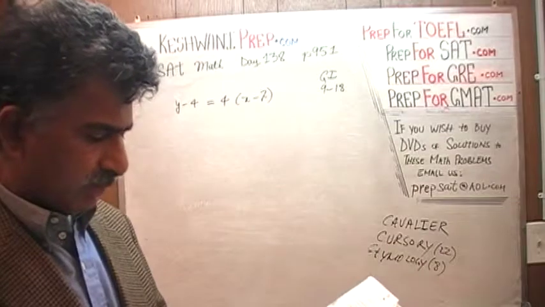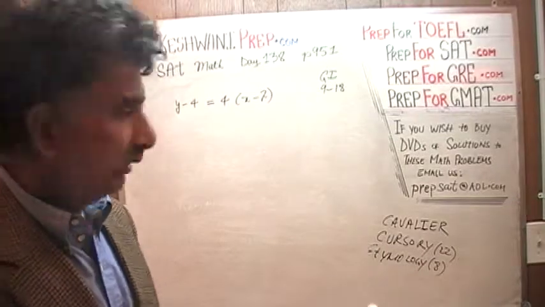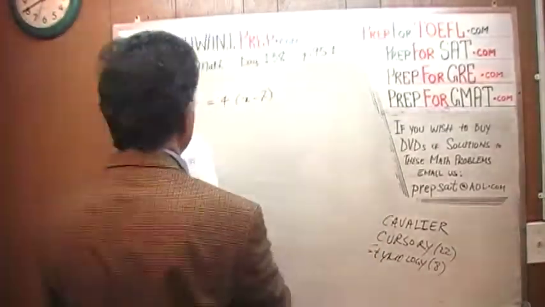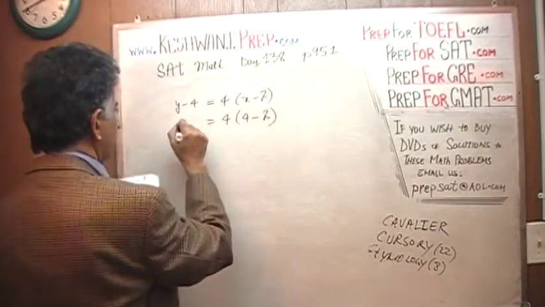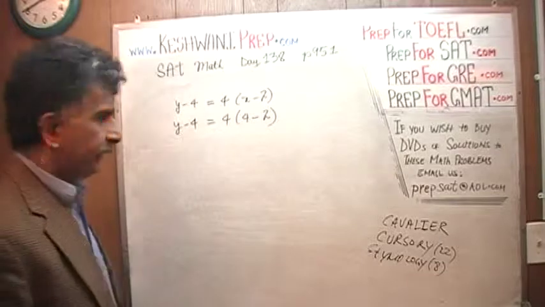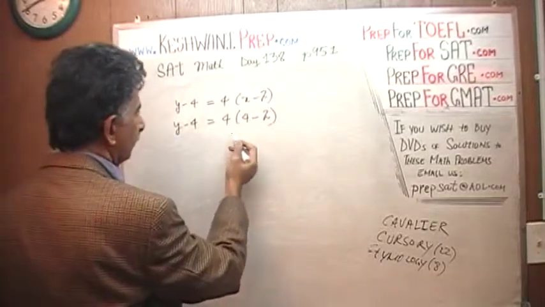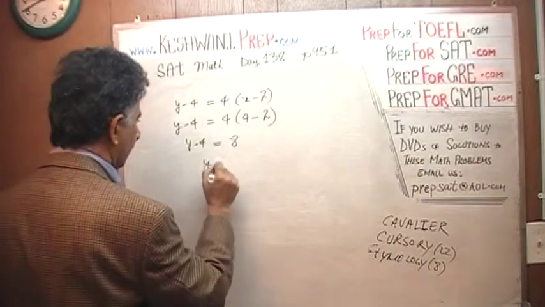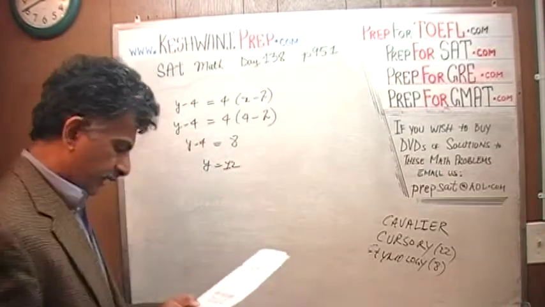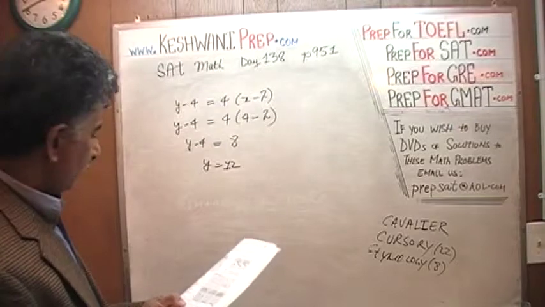If the x coordinate of P is 4, what's the y coordinate? Well, let's find out. All we have to do is plug in 4 for x here, and that will give us our y coordinate. 4 minus 2 is 2, 4 times 2 is 8, so it is y minus 4 equals 8, therefore y equals 12. Which is not what I'm getting here.